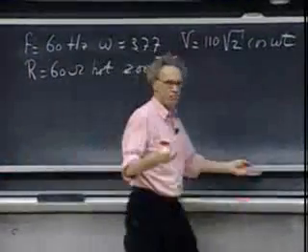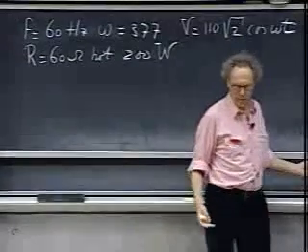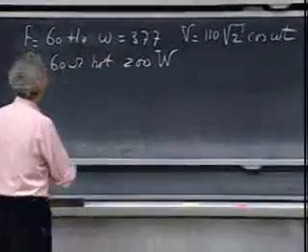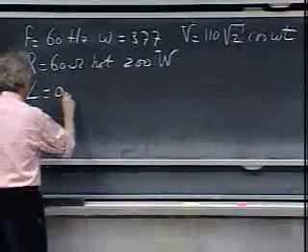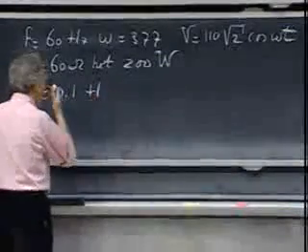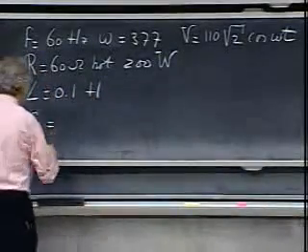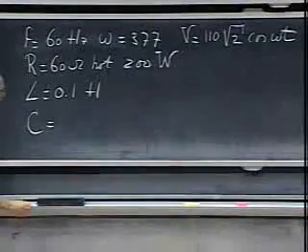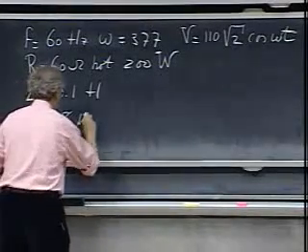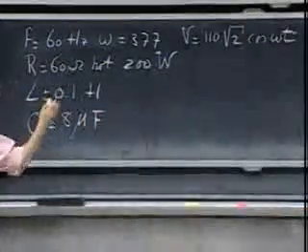So if it's bright, 200-watt bulb. The self-inductance L is 0.1 Henry, and the capacitance is 8 microfarads. So this is God-given.